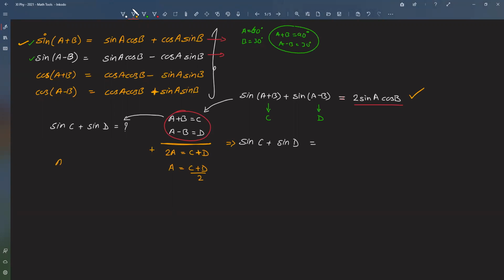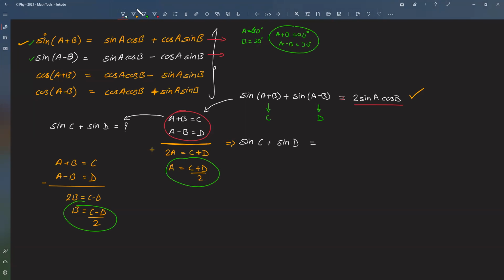Similarly, the two equations you had, A plus B equals C and A minus B equals D. If you subtract them, A minus A is gone, B minus minus B is 2B, and that will be equal to C minus D. So B is C minus D divided by 2. So now you have A as well as B both in terms of C and D.